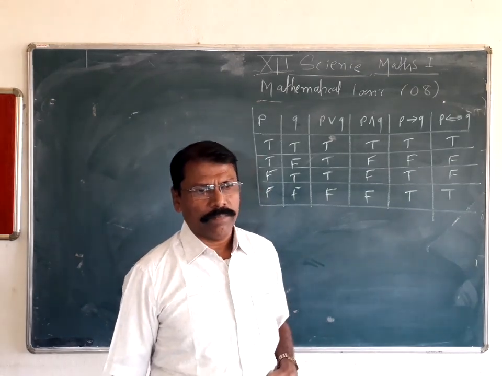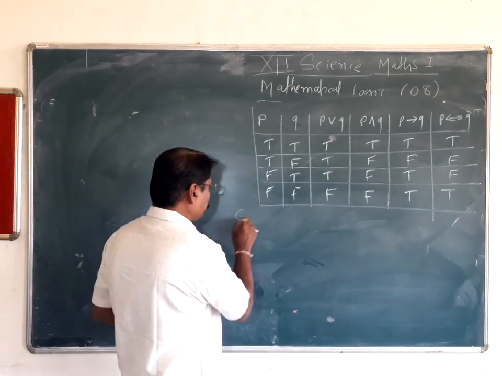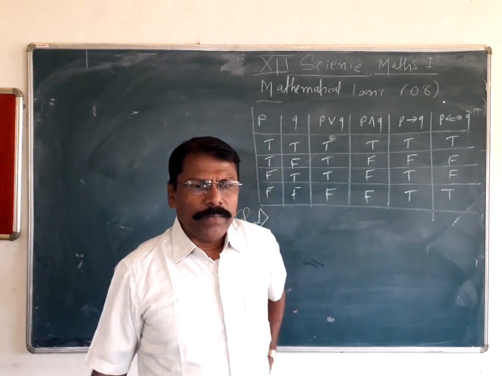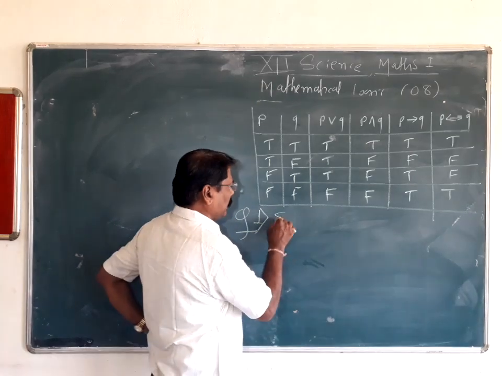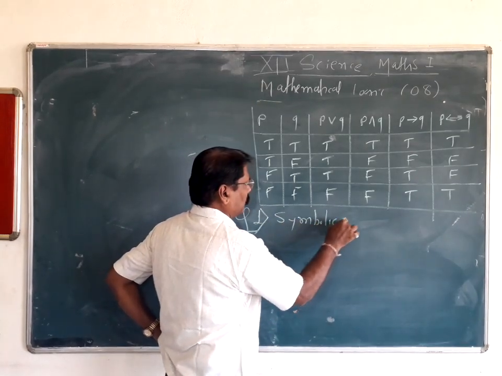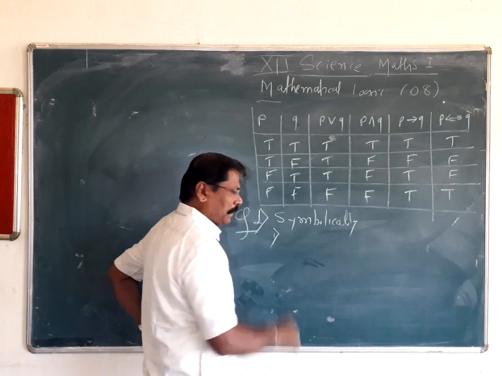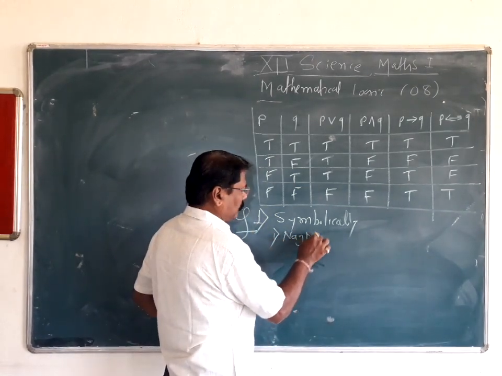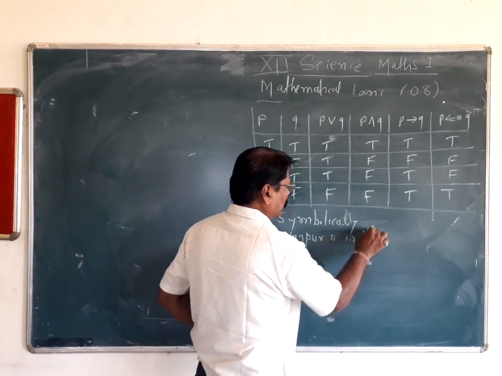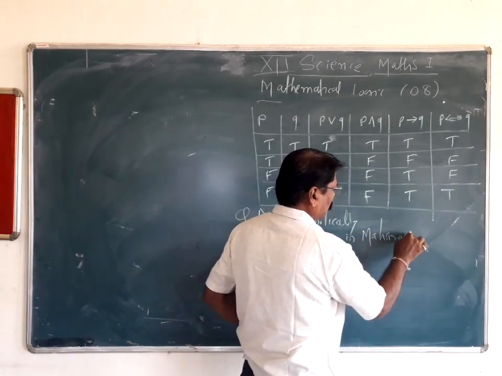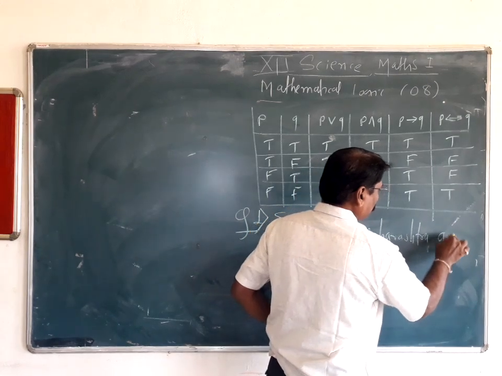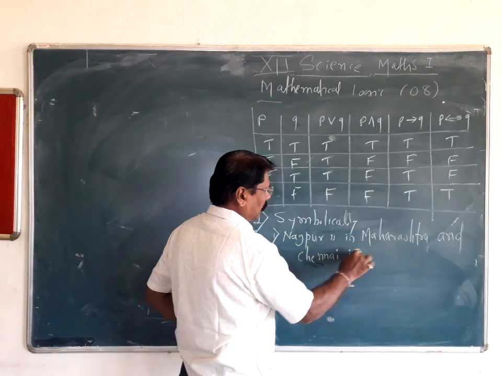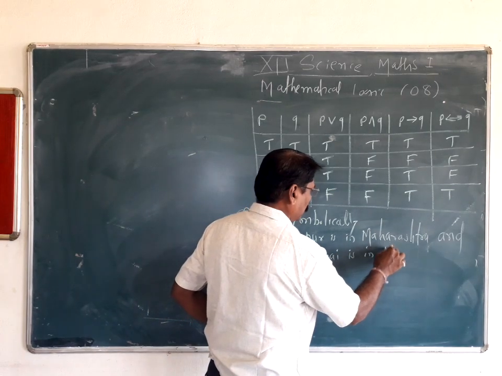Now I am going to take some examples. Question 1. Write the following compound statements symbolically. First, Nagpur is in Maharashtra and Chennai is in Tamil Nadu.